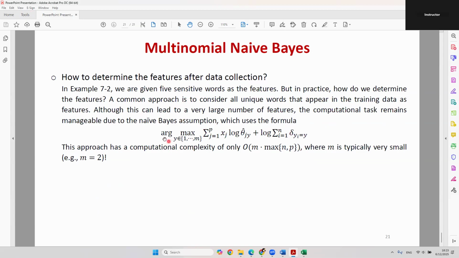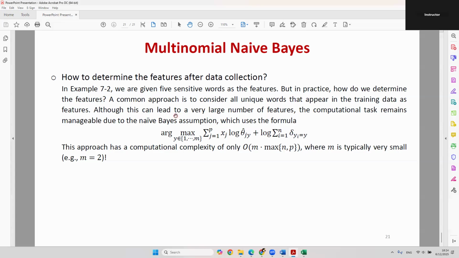One common approach is to consider all unique words that appear. Remember in lecture two, Python, we wrote a function to build another list and add a word only if it is not already in it. So we can get the unique list. I know it's big, but it's doable.